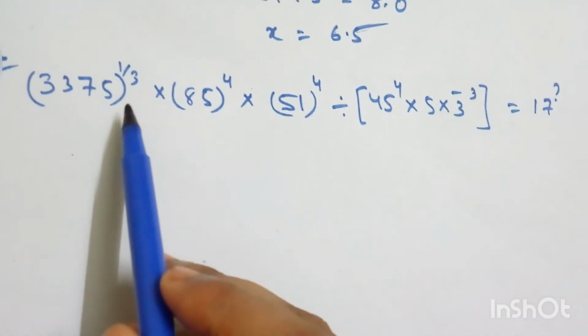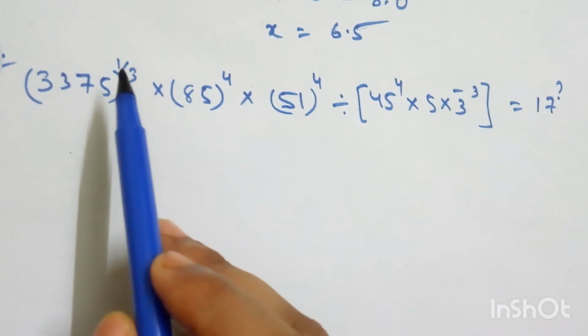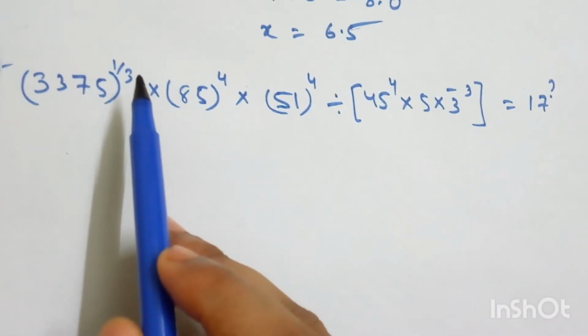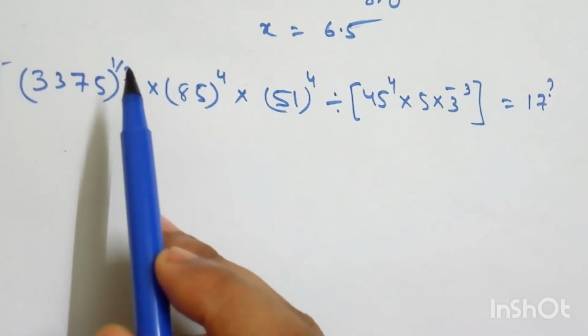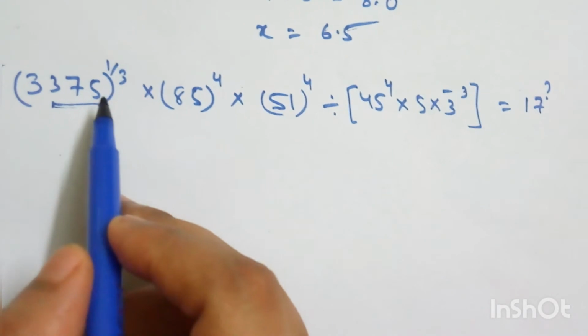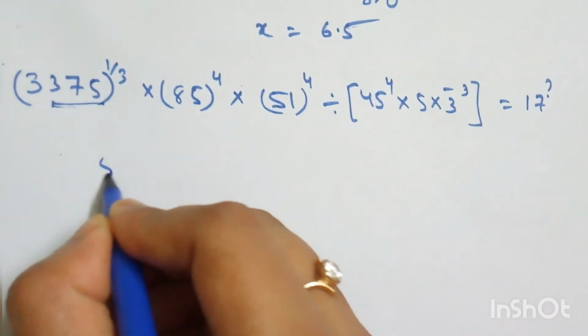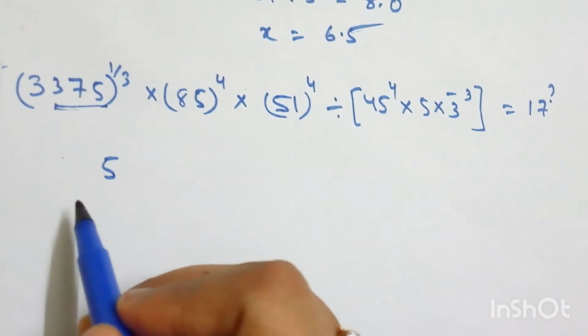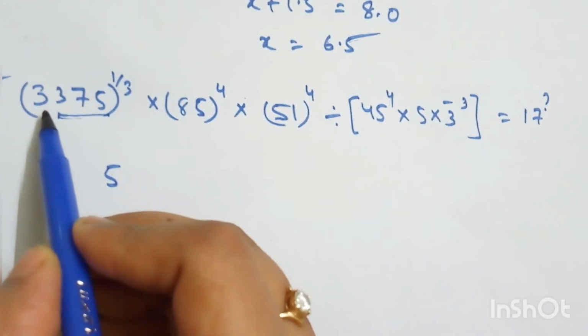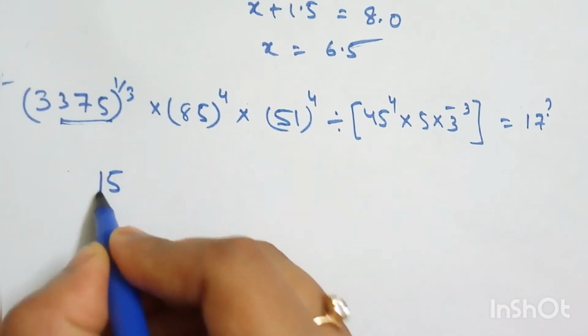I have already made a video about how to find the cube root of any number. It is in the description box. Please check it out. Last 3 digits, it is 5 here, so we get 5 here, and 3, it is nearer to 1.